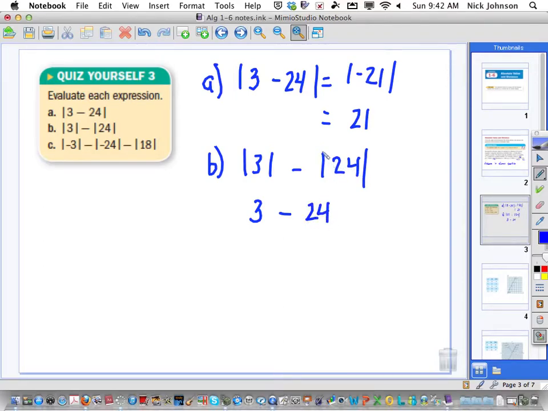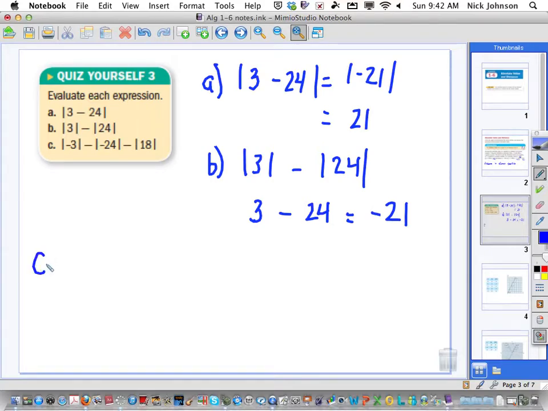Notice how after I take an absolute value, they don't come with me. They're done. We already found it. What's their distance from 0? 3. What's their distance from 0? 24. What's 3 minus 24? 3 minus 24 is a negative 21. So even though these are positive when you take the absolute value, because of this sign right in the middle, I got out a negative number.